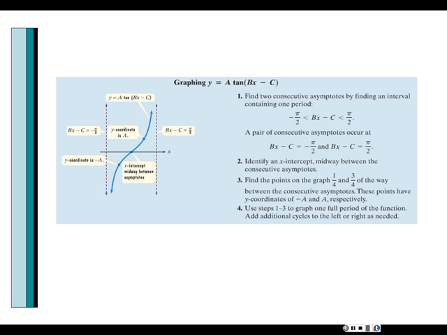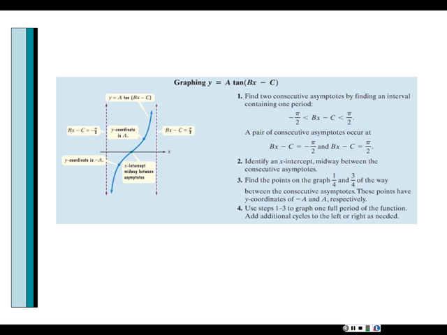Whatever the A is, that will be the y coordinate. So, for an example, if we feed any tangent equation to that formula, we first find two consecutive asymptotes. Asymptotes are two consecutive points of x where y is infinity.